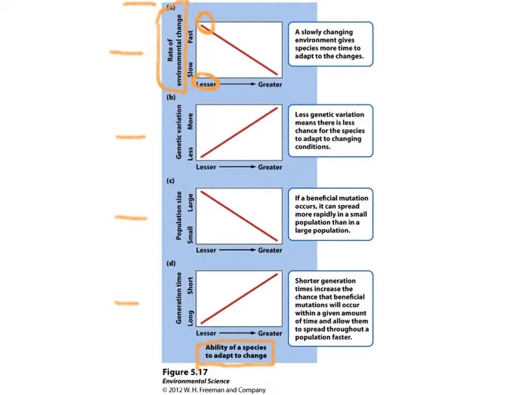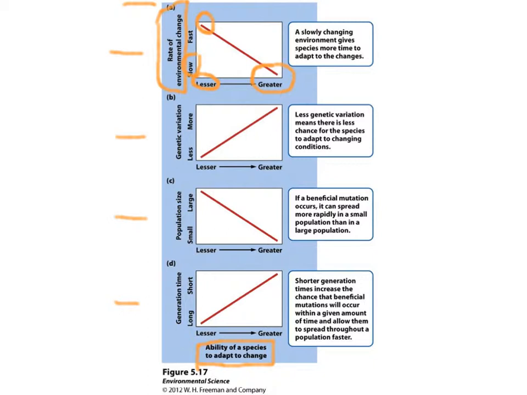Whereas a slow rate of environmental change provides the species enough time to change, and so it has a much greater ability to change with that slow-paced environment. So a slowly changing environment gives species more time to adapt to changes. So we want environmental change that is slow.